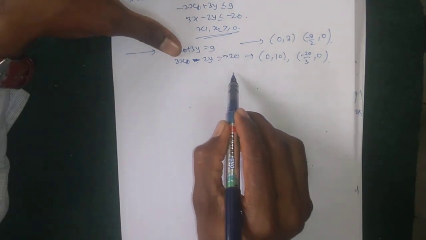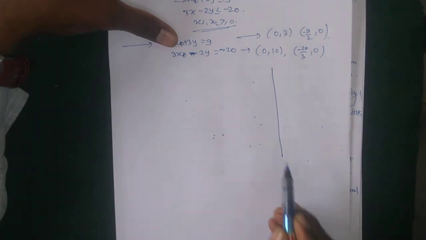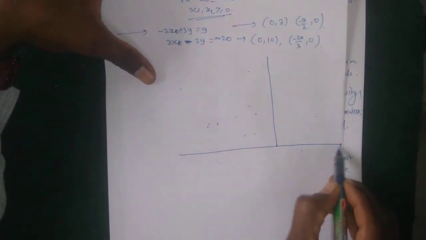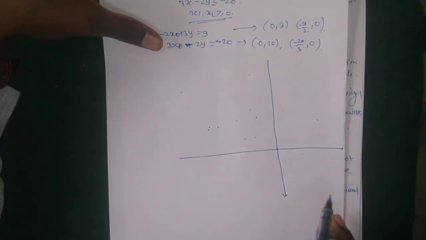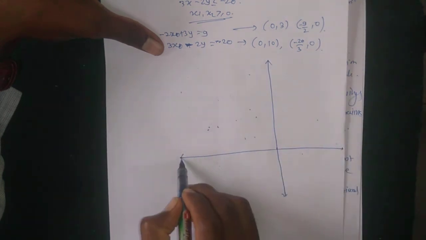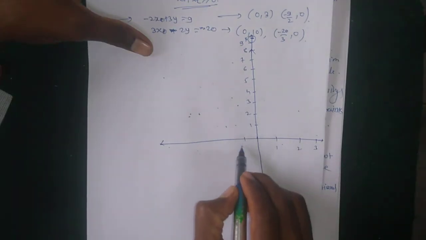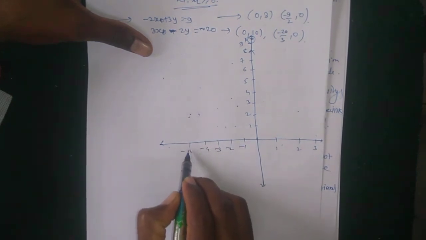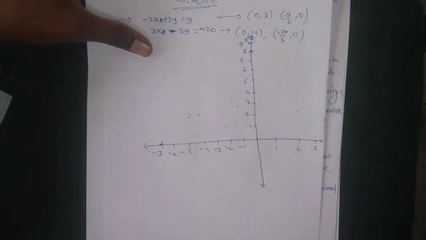So plotting a graph, both constants are negative, so the negative side is extended. Okay, this is our graph, this is 1, and here minus 1, minus 2, minus 3, minus 4, minus 5, minus 6, and here minus 7, and so on.